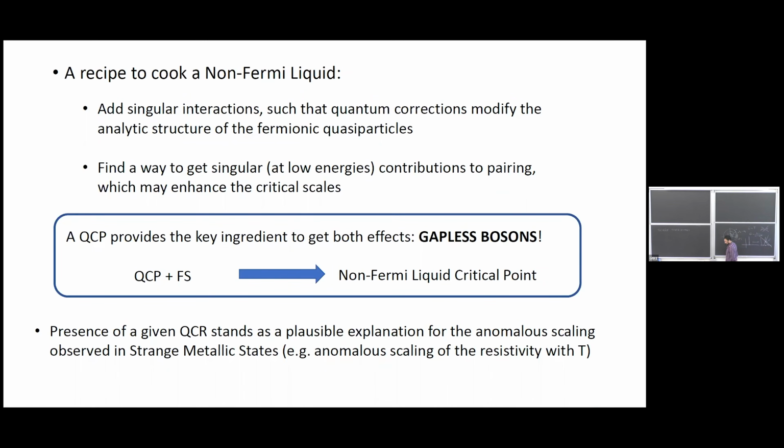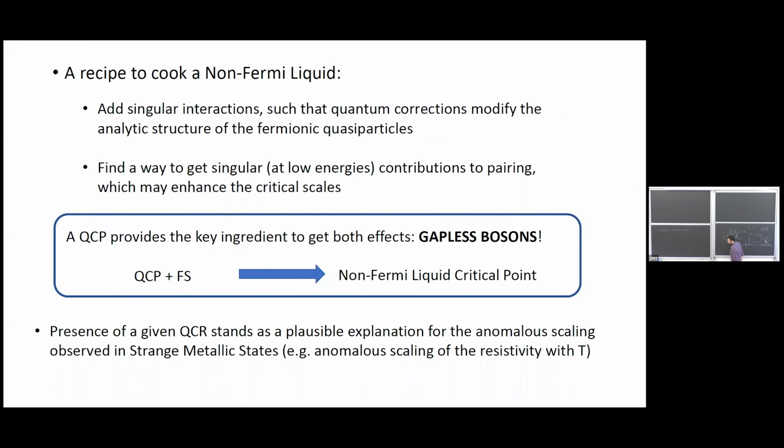So in general, what would we need to add to our model to get the non-Fermi liquid? Well, for sure, we will have to account for some singular interactions relevant enough in order to destroy the analytic structure of the quasi-particles.